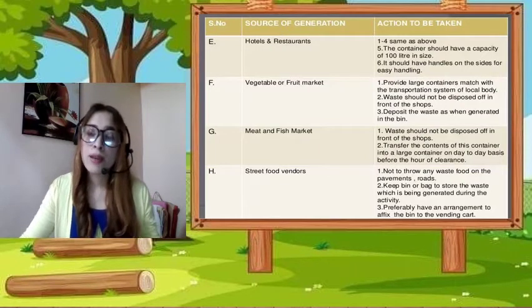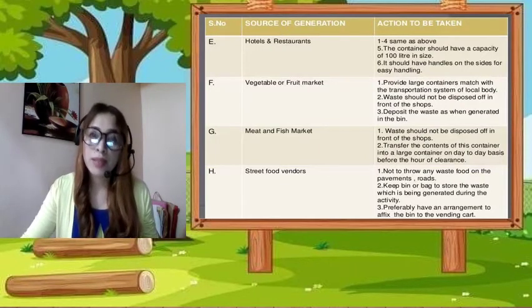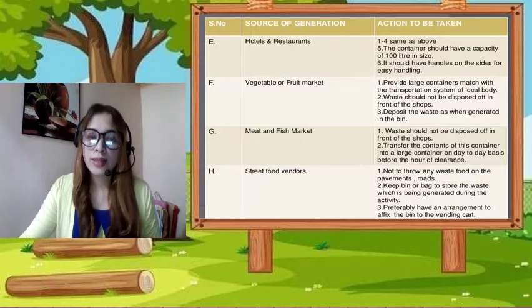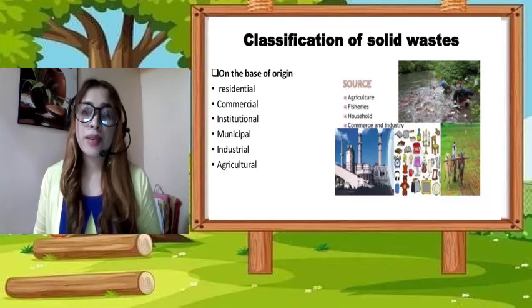So you have to provide your own garbage bin beside your store, and then preferably have an arrangement to affix the bin to the vending cart. I like those vendors who are still maintaining the neatness of their food by supplying the right way of throwing the garbage.